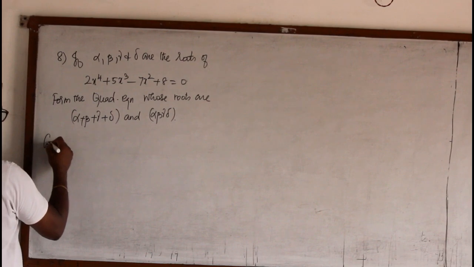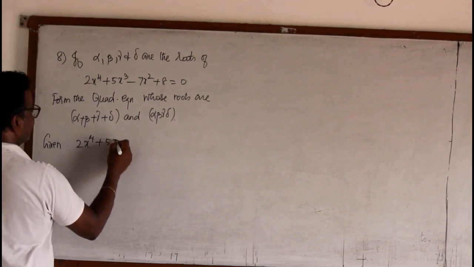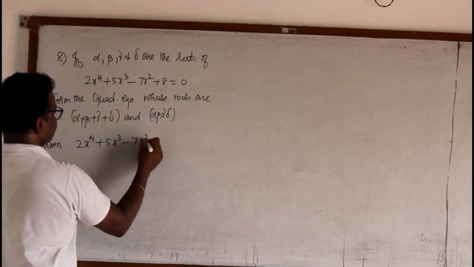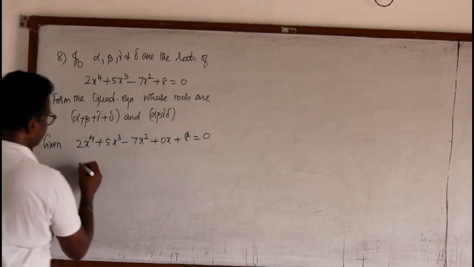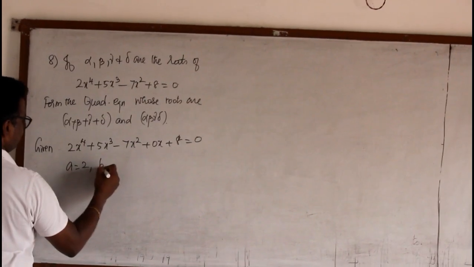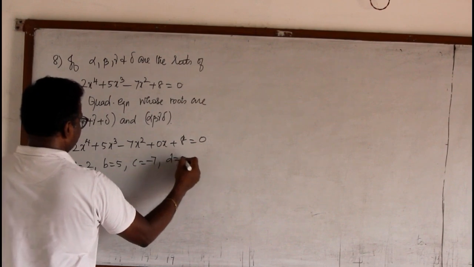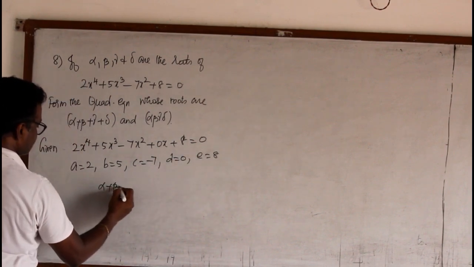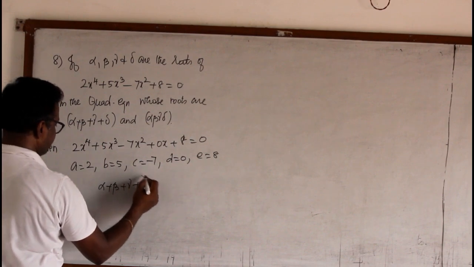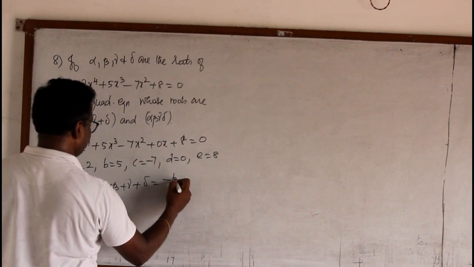Now we shall take the given equation 2x^4 + 5x^3 - 7x^2 + 0x + 8 = 0. Here a = 2, b = 5, c = -7, d is 0 and e is 8. Then the sum of the roots alpha + beta + gamma + delta is -b/a.